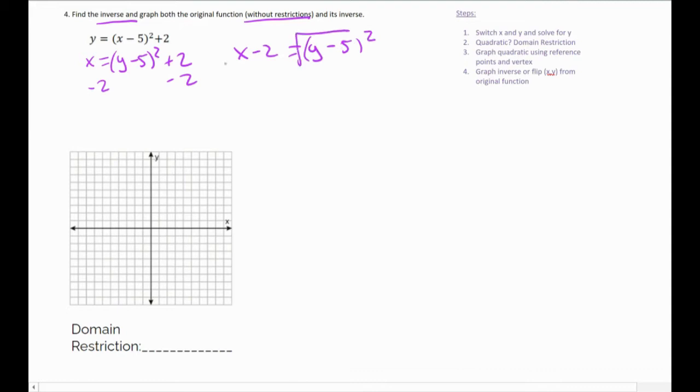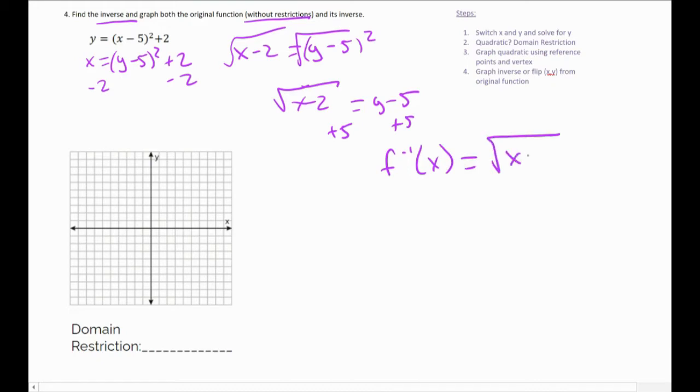Take the square root of both sides to get square root of x minus 2 equals y minus 5, and now add 5 to both sides. So my inverse function here is going to be the square root of x minus 2 plus 5.